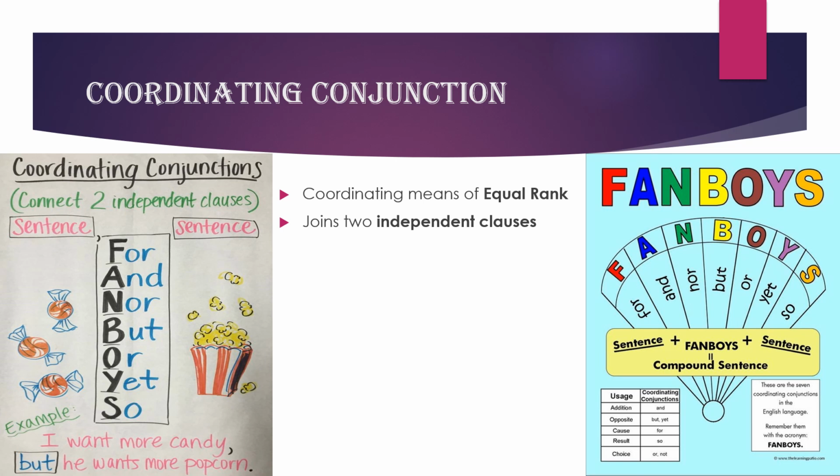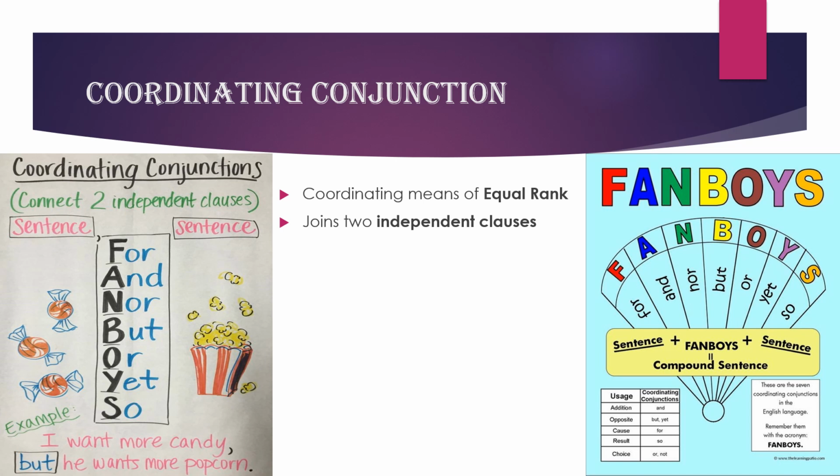Therefore, whenever we talk of these kinds of independent clauses that do not depend upon the other portion or component of the sentence for a complete meaning, such independent clauses can be joined using coordinating conjunctions. How many coordinating conjunctions do we have? We have 7 coordinating conjunctions.